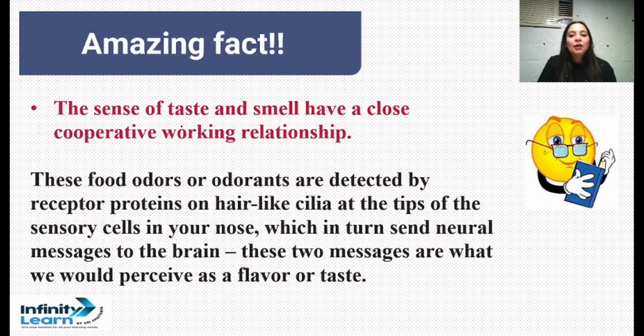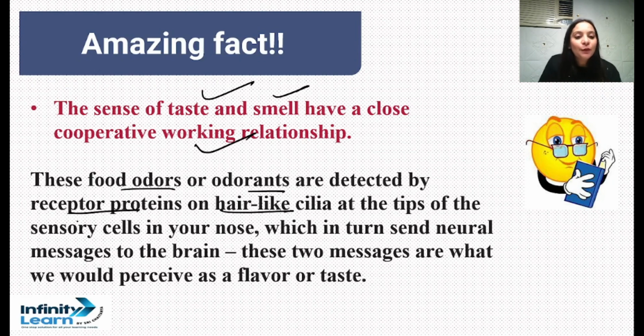An amazing fact about the tongue is that the sense of taste and the sense of smell have a close cooperative working relationship. See, when you smell something, these food odors or odorants are detected by the receptor proteins on the hair-like cilia at the tip of sensory cells in your nose, which in turn send signals to the brain.